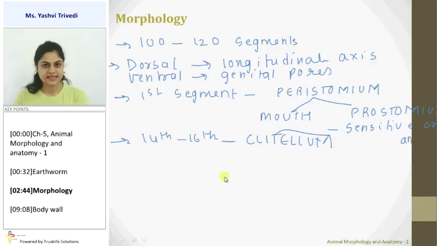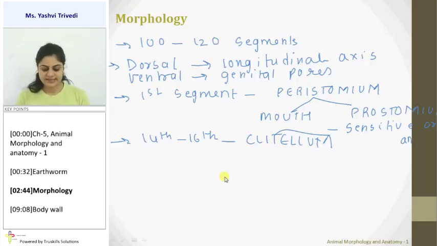Segments 14 to 16 have the clitellum, so it is the clitellar area. And from 17 to the last segment of the body is called post-clitellar. So the body has three parts: pre-clitellar, clitellar and post-clitellar.